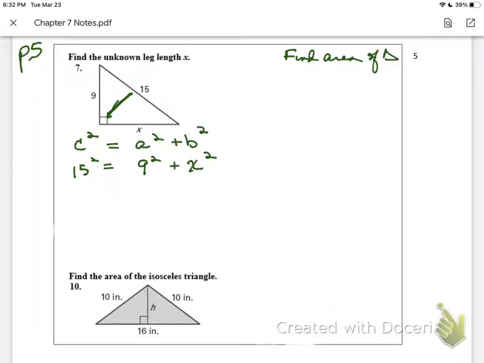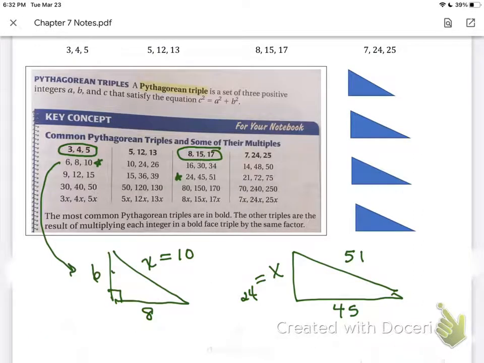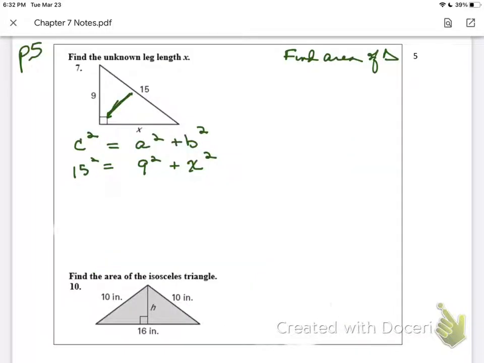So what I'm going to do is ask, does that look like a triple? I have a 9 and a 15. Let me look back for a second and see. 9 and a 15. Oh, look at that. 9 and 15. I bet the other leg is 12. So let's go back to what we're working on. I'm going to guess x is 12, but I'm going to work it out just so I can demonstrate why that is going to be the case.